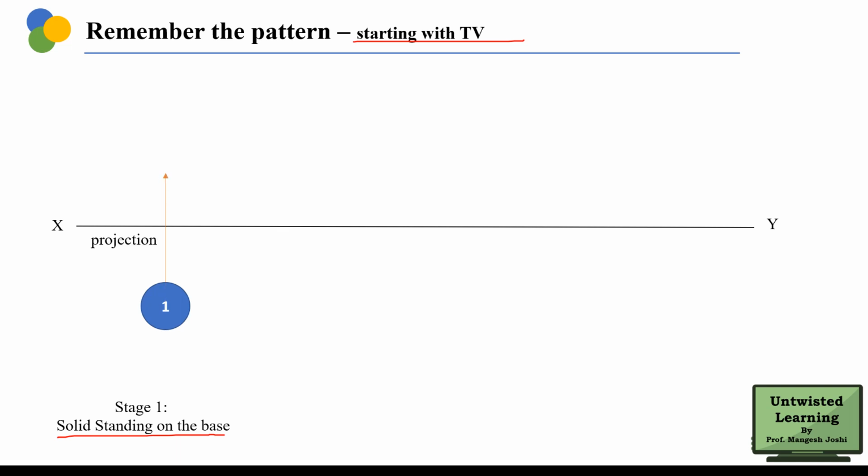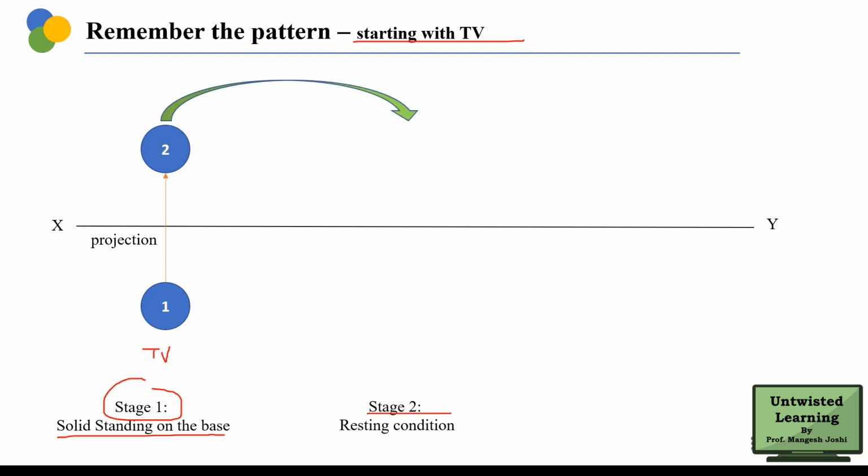Then you will obtain the projection. So you have drawn the top view first, then the corresponding front view, that is the second diagram. That is the first stage only. Now after drawing this, the second stage comes, that is the resting condition.